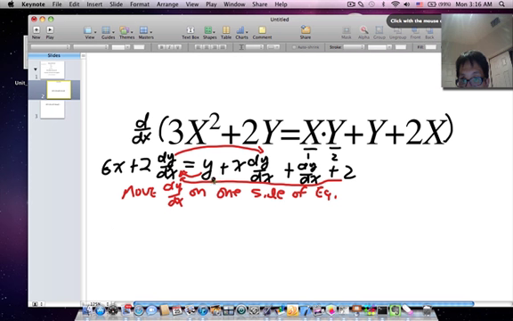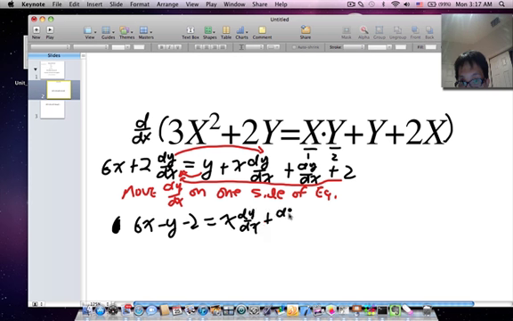Let's move the 2 term to the left side, so 6x, sorry about that, let's start off again. 6x minus y minus 2 is equal to x dy/dx plus dy/dx minus 2 dy/dx.